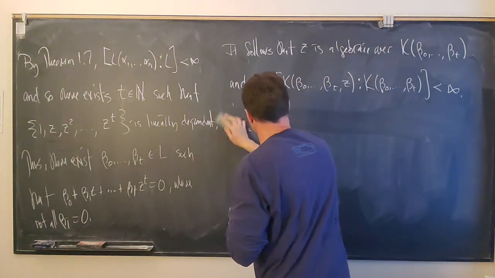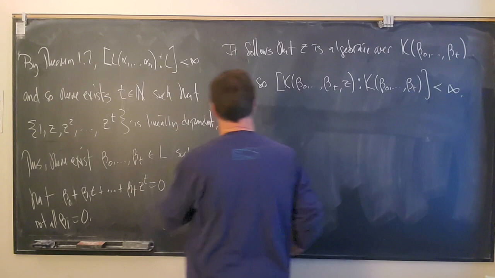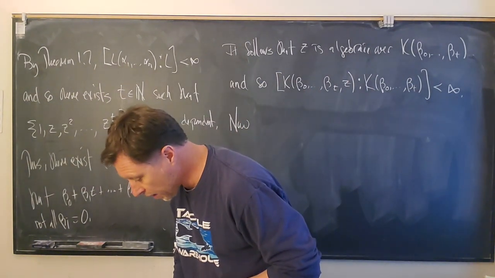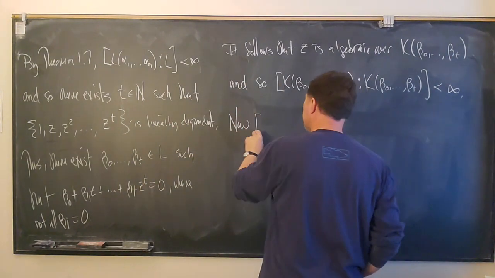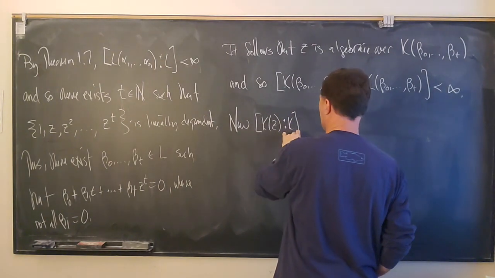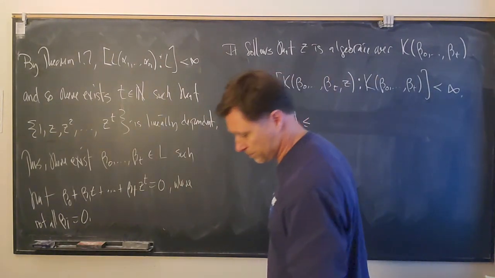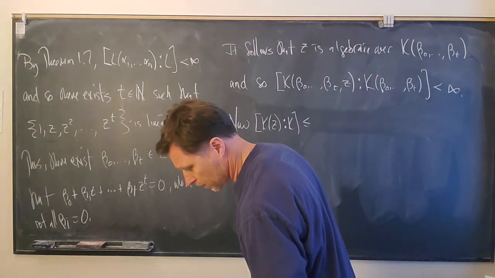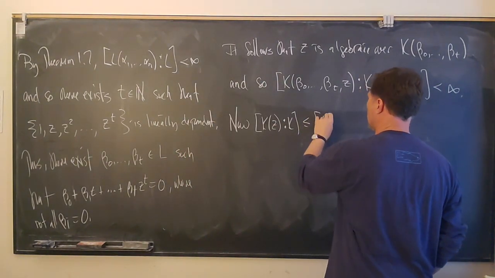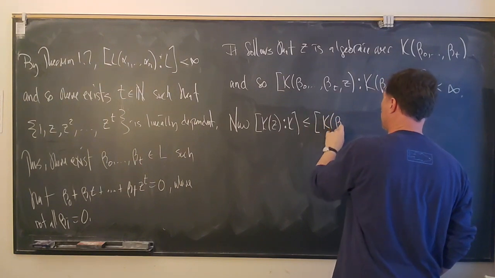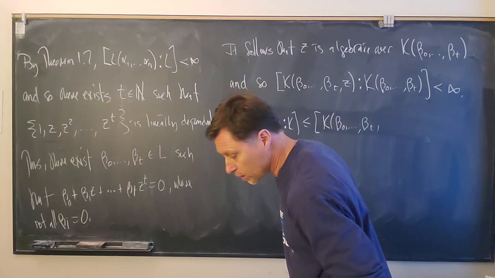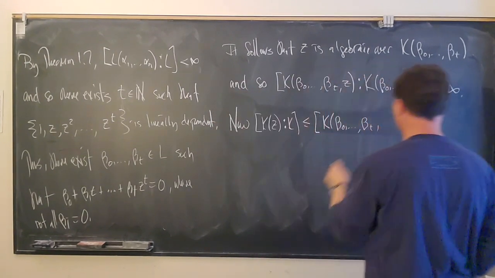So now, the degree of K adjoin z over K is less than or equal to the degree of K adjoin beta 0 up through beta t, along with z, over K.